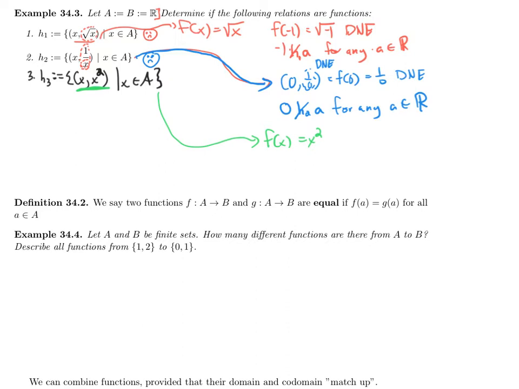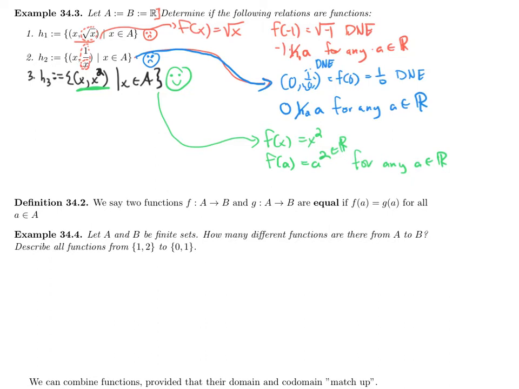And I think it's pretty clear that for any value a, you've just squared, you get a squared for any real number a, and a squared is, of course, a real number. If you multiply a real number by itself, you get a real number. So this indeed is a function. In fact, every number is related to exactly one number, its square, via this relation.